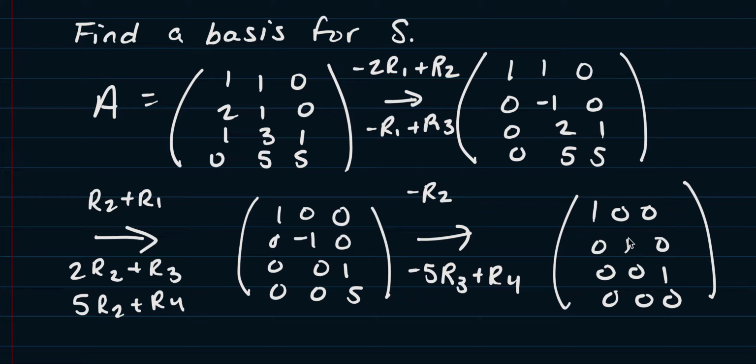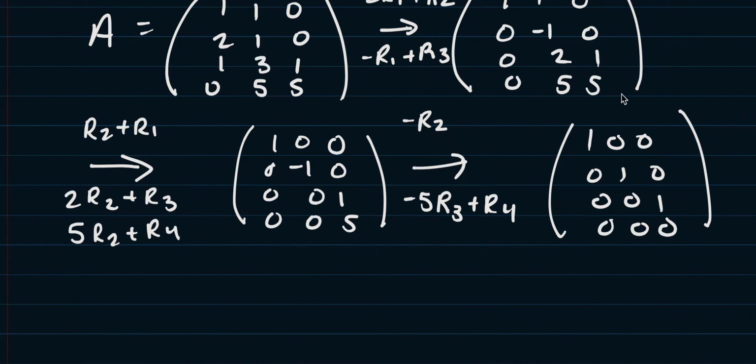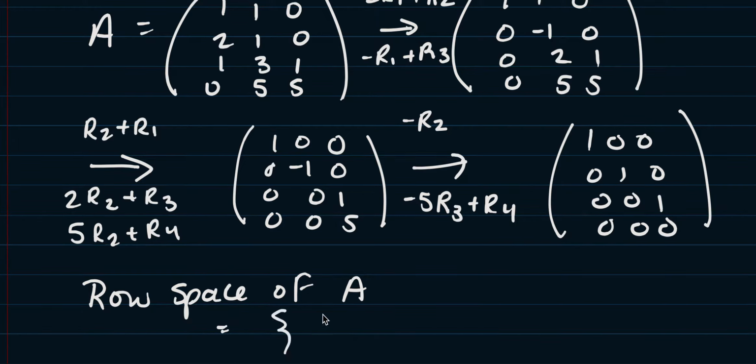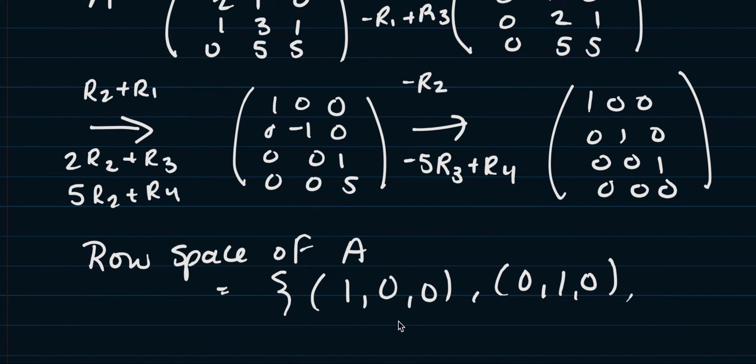And now let me ask you, what is the row space of this matrix, the reduced row echelon form of A? Well, the row space of A, which is also the row space of the reduced row echelon form, is a set of vectors 1, 0, 0, 0, 1, 0, and 0, 0, 1.